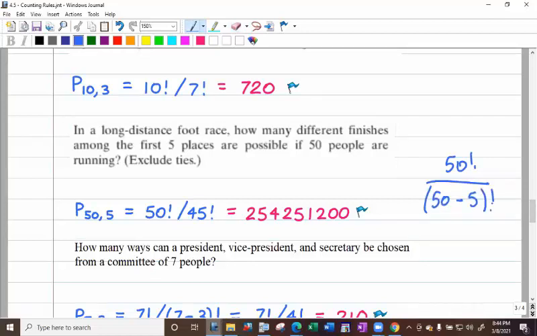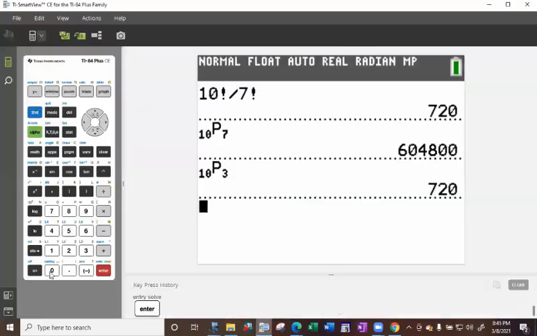That's where I'm getting the 45 from. But don't do like I did the last one. I made a mistake. This time I'll do it right. I'll put 50 NPR 5, just like I have it written correctly over here. Yes, 50 NPR 5 is equal to 50 factorial divided by 45 factorial. But you can just do this straight up like this every time. You don't have to worry about that.